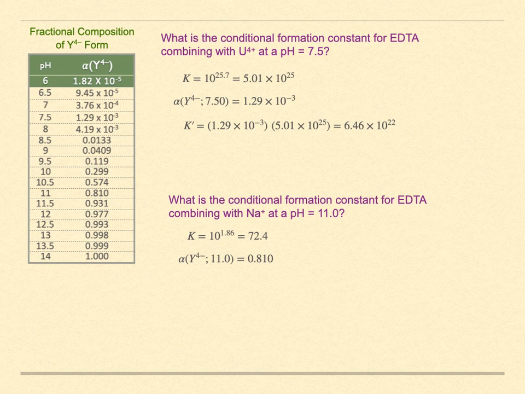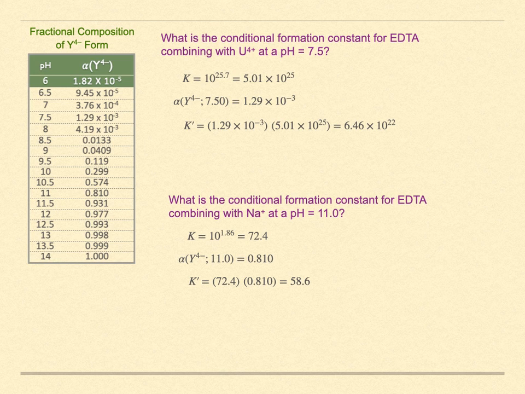This tells us that 81% of all free EDTA is present in the 4- form at this pH. Therefore, the conditional formation constant is the product of those two terms, 58.6. Even though the amount of EDTA available as Y4- is much smaller at the lower pH, the stability of the uranium complex greatly favors its formation compared to that with sodium.